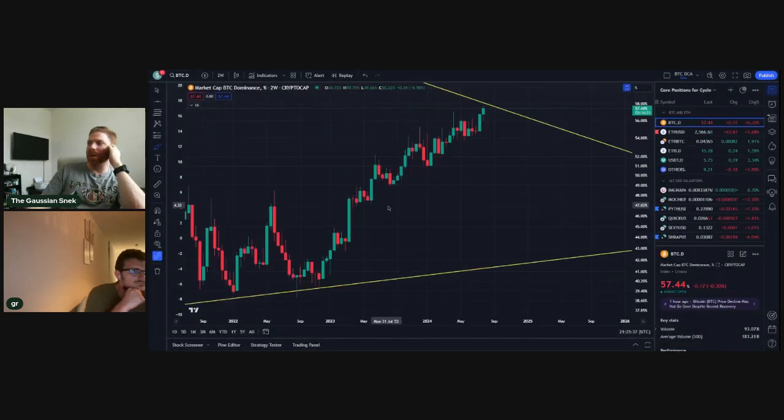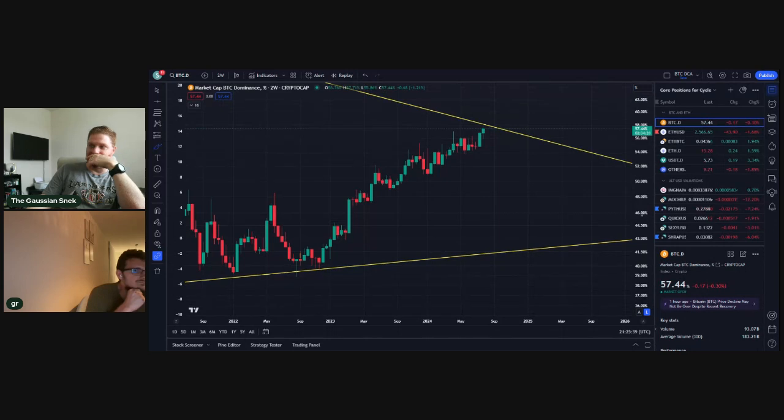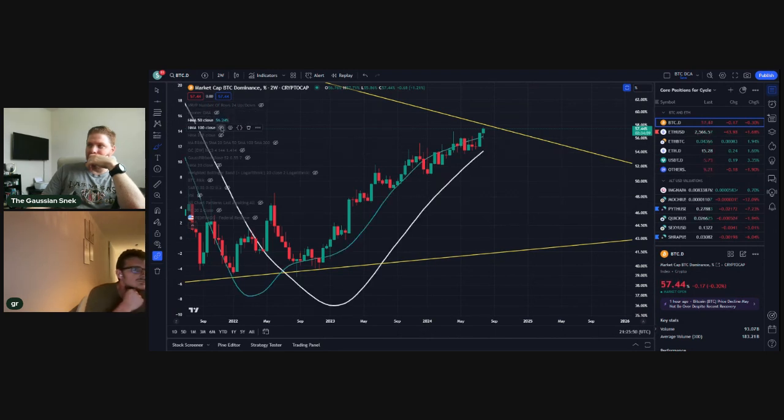I think that's actually quite likely to happen. Right now, Bitcoin dominance looks strong, especially on a 2-week time frame. On a 1 week, it doesn't look as strong, but on a 2-week time frame, it's gotten back above its 50. The 100 and 50 are approaching each other, so there is a death cross potentially coming, which means Bitcoin dominance is probably fairly close to being done with this crazy bullishness.